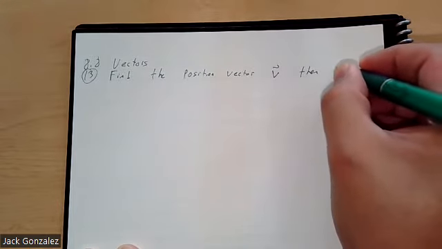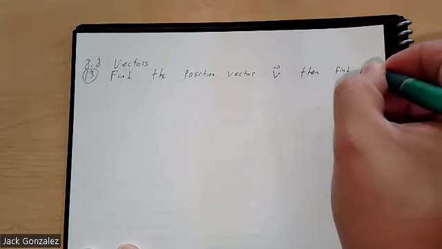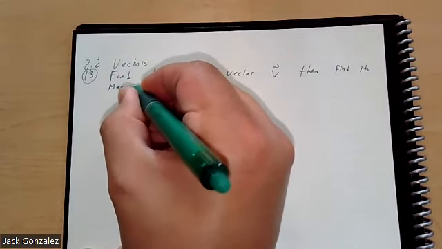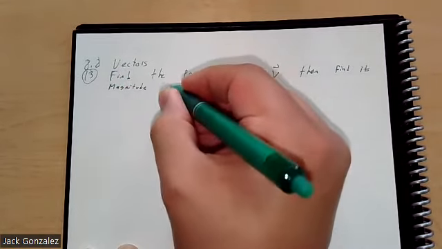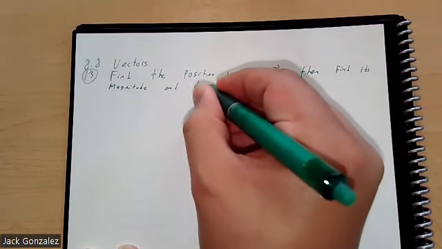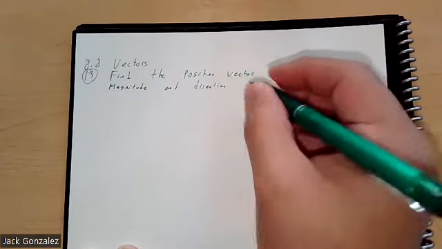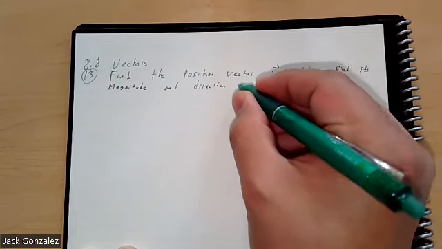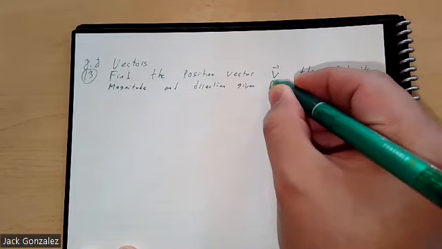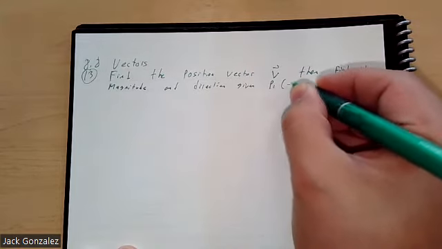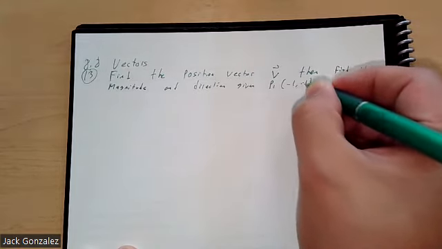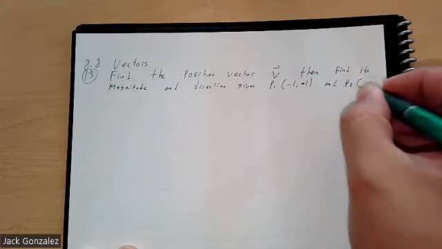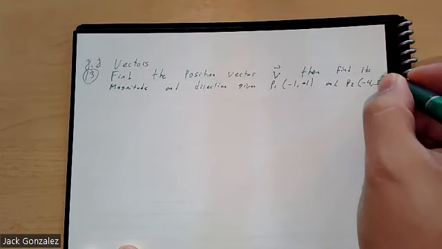Then find its magnitude and direction. Given P1 (-1, 1) and P2 (-4, 5).